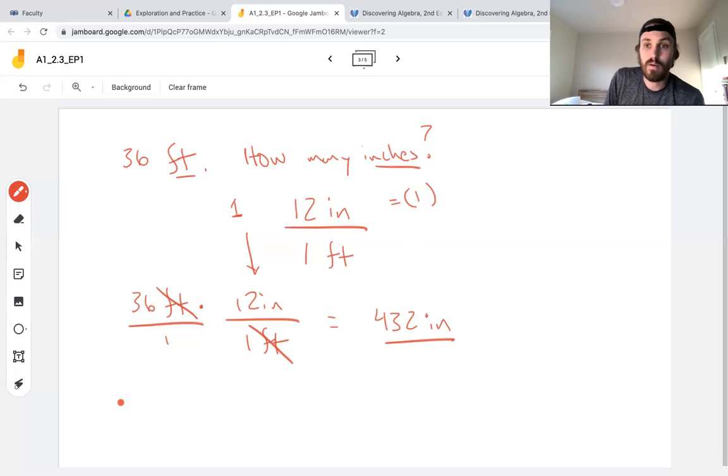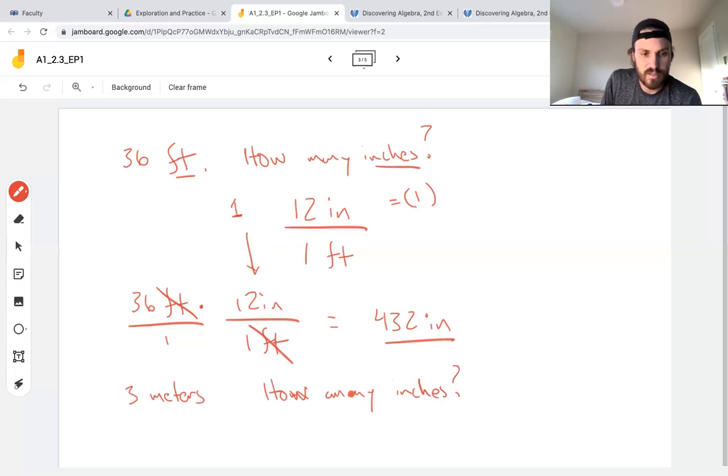Okay, let me give you another example. Say you had 3 meters and you want to know how many inches. I'm having trouble spelling over here. That should be a W. How many inches?